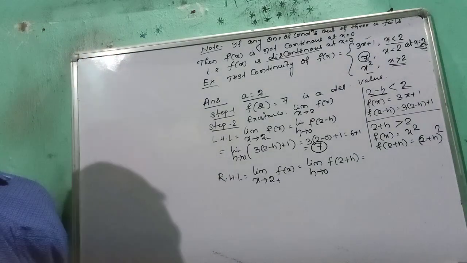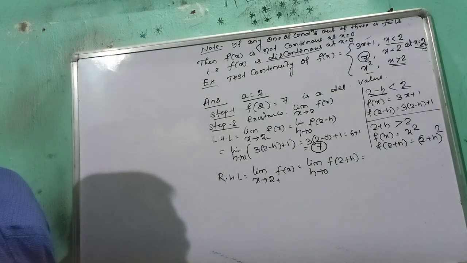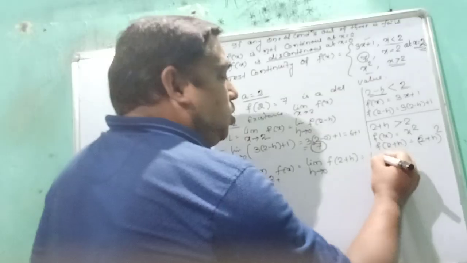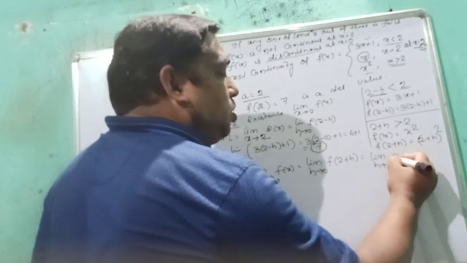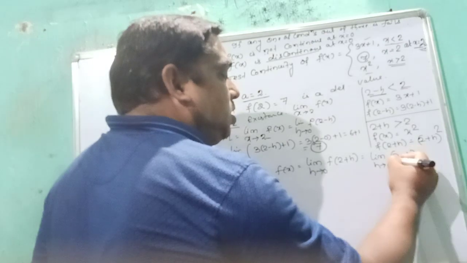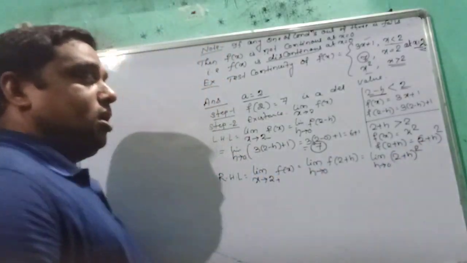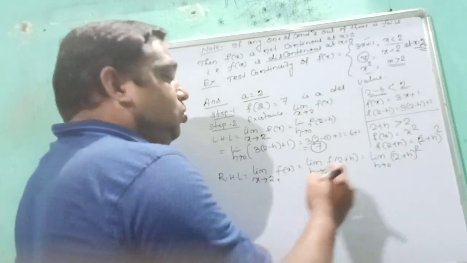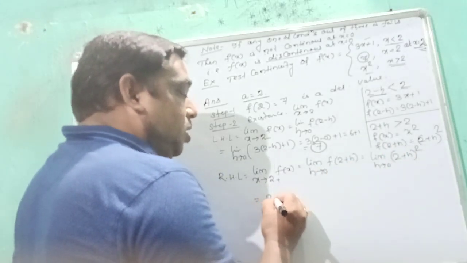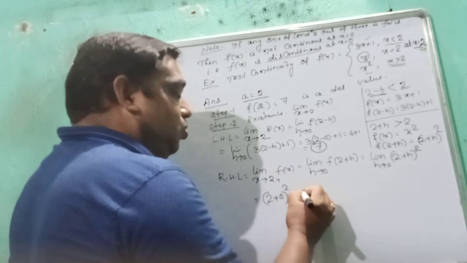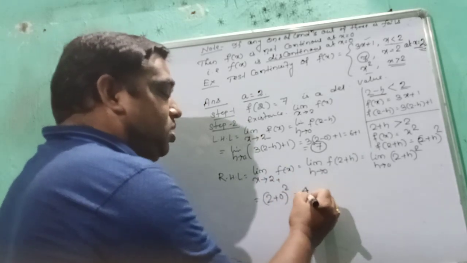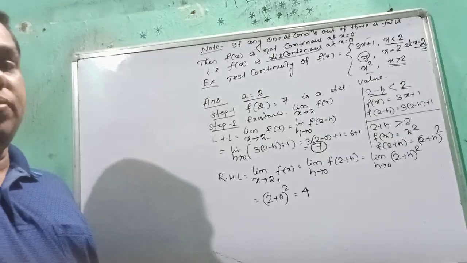Limit h tends to 0 of f(2 plus h) is (2 plus h) whole square. Now put h is equal to 0: (2 plus 0) square, which is equal to 4.